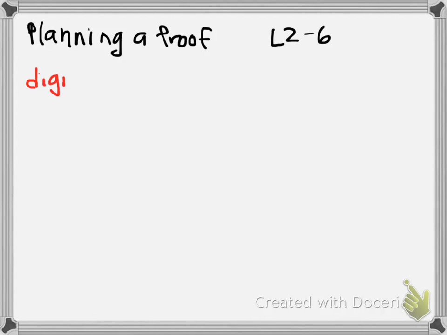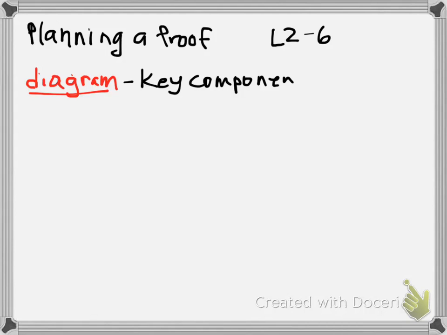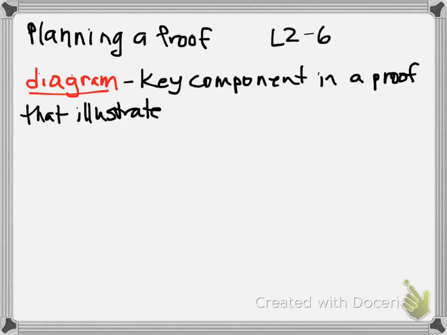The first one is a keyword, and without it, it makes your proofs really hard. And that's the word diagram. So what is a diagram? It's a key component in a proof that illustrates the given information.